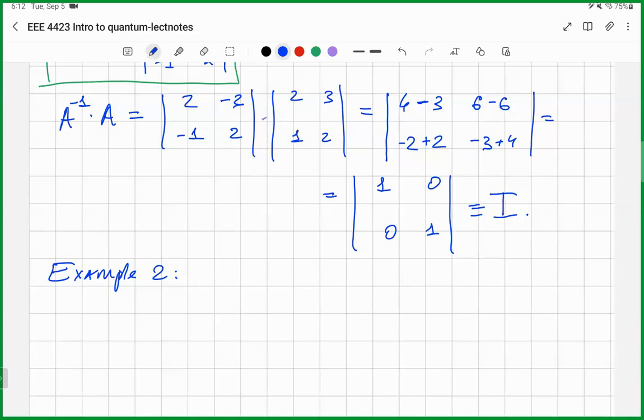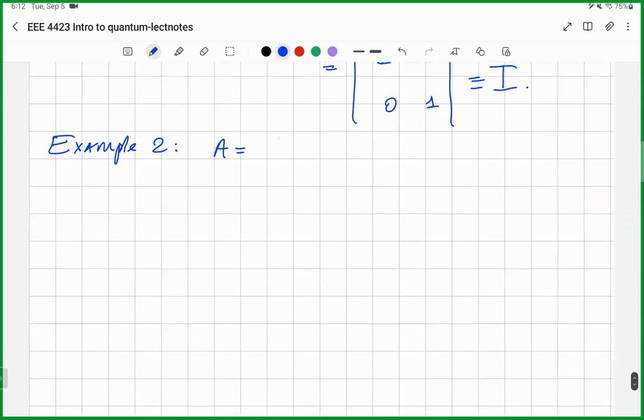Let's consider the Hermitian matrix. Thank you. Hermitian matrix A: 1, i, minus i, 1, for example, the matrix that we just considered when we were talking about the eigenstates and eigenvalues.